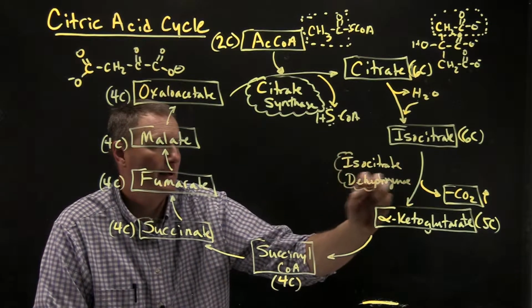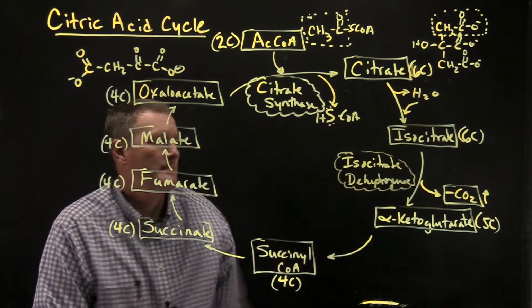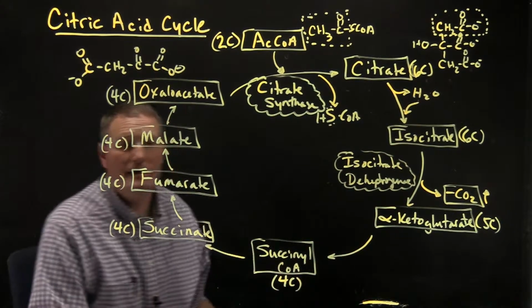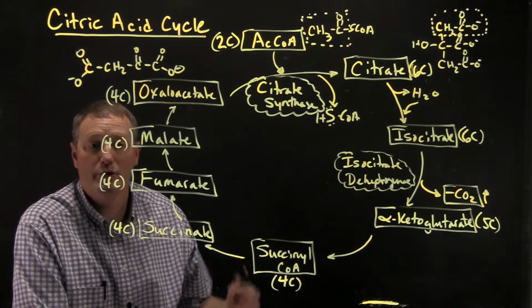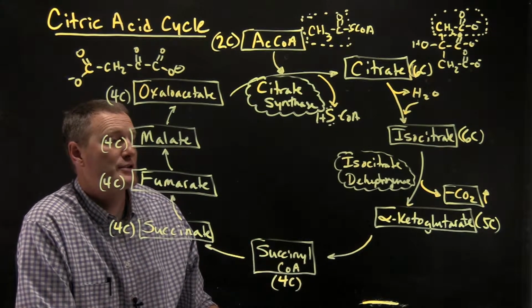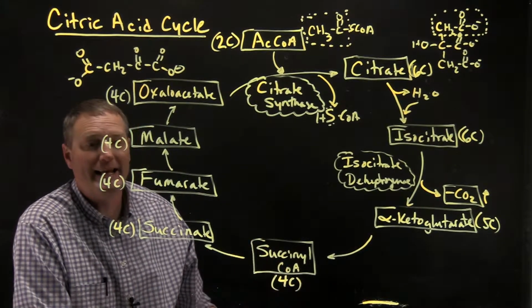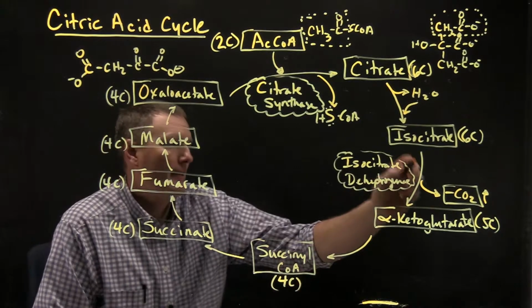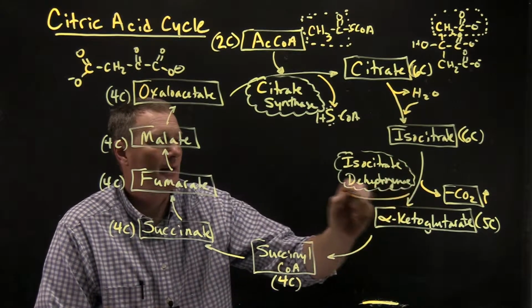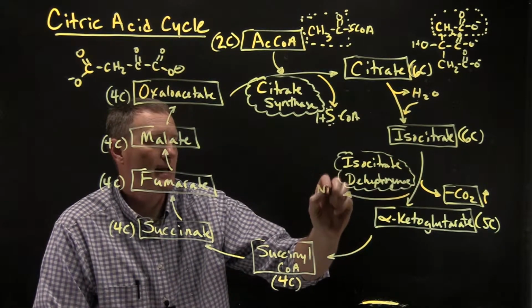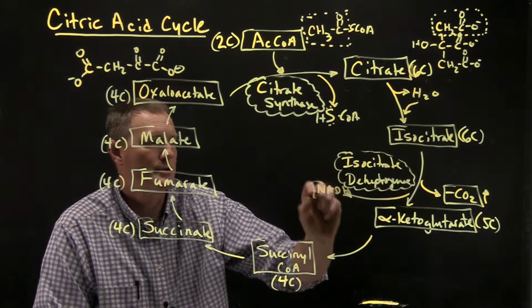We'll put that in kind of a cloud box there. And one of the key molecules that's produced by isocitrate dehydrogenase is going to be NADH. So we'll just show that coming out here. There's going to be an NADH produced there.